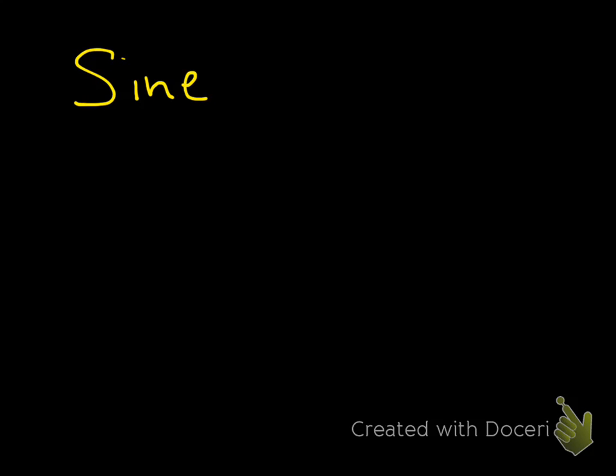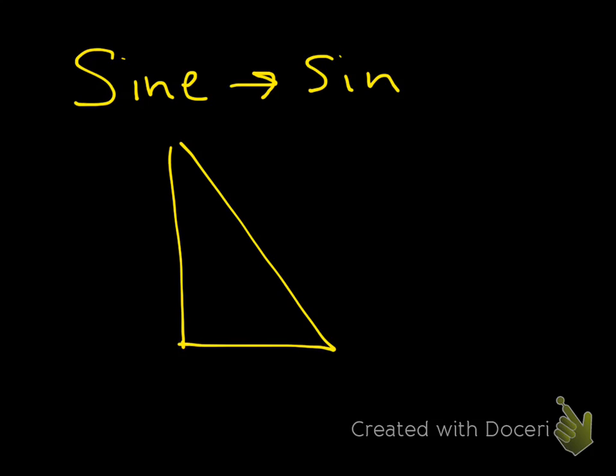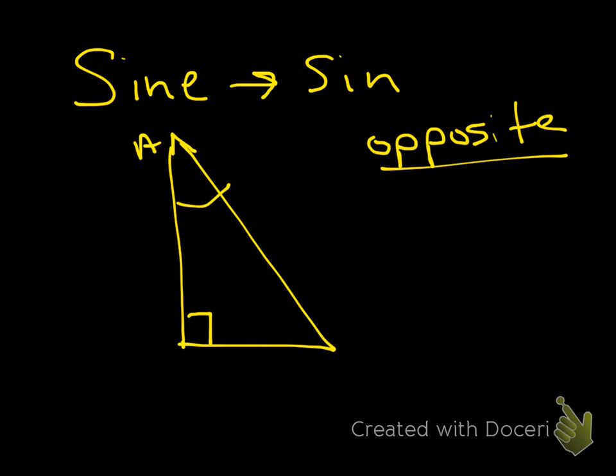The abbreviation is going to be SIN. So if you have a triangle, and we have this angle, let's say that's angle A. The definition of sine, we're talking about the ratio, is the ratio of the opposite side to the hypotenuse.